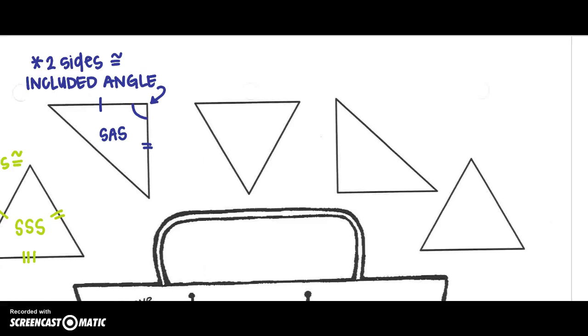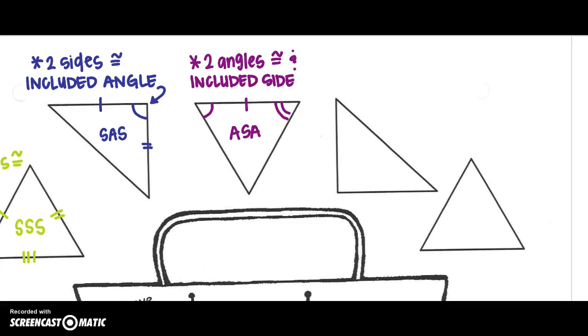The next one we may use is ASA, and your triangle picture may look something like this. Remember, to use ASA, we need 2 angles that are congruent. And again, kind of like the SAS, we need that included side.